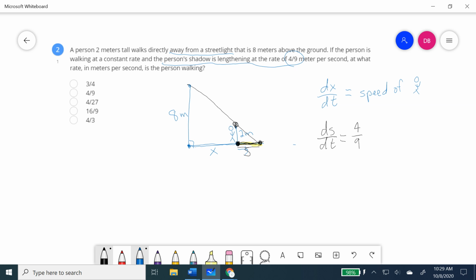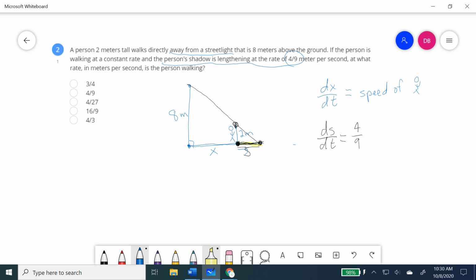Now, what they want us to find is the speed of the person walking, so we're finding the dx/dt. And read it a few times, get straight whether you're dealing with length of shadow or tip of the shadow. Are you starting to see the difference between the two?